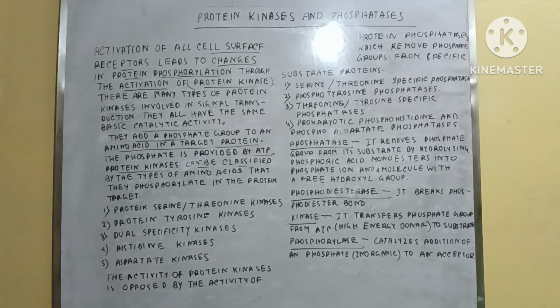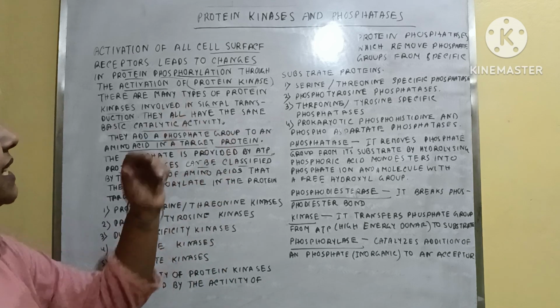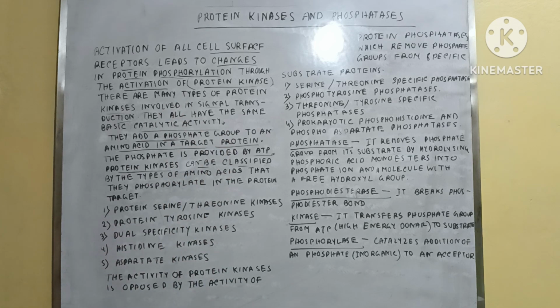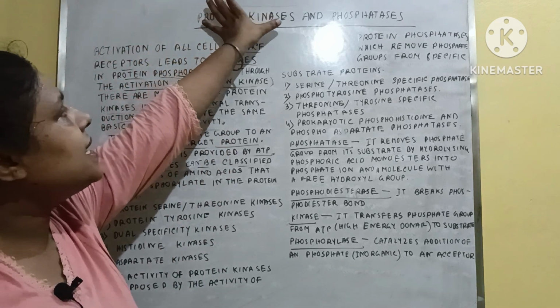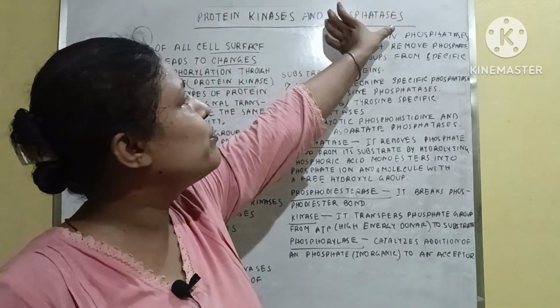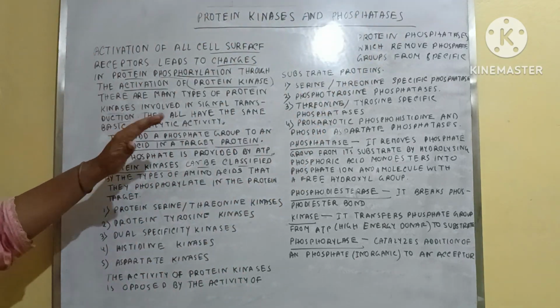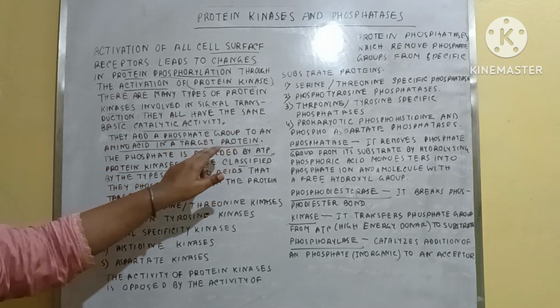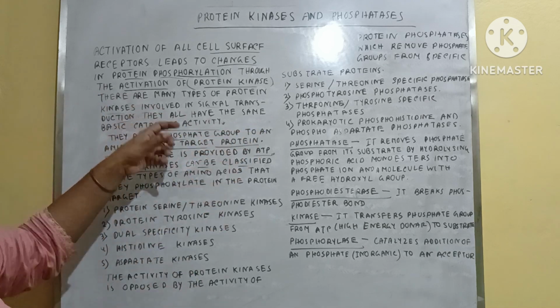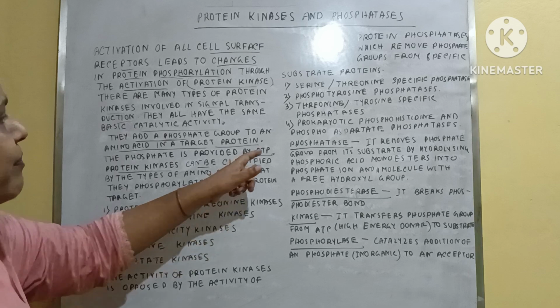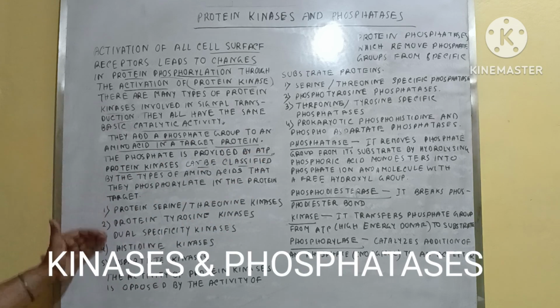Okay, the activity of the protein kinases is opposed by the activity of protein phosphatases. So here, protein kinases versus protein phosphatases. Protein kinases add the phosphate group to a protein, and the phosphate group is provided by ATP, and there are 5 types of protein kinases.